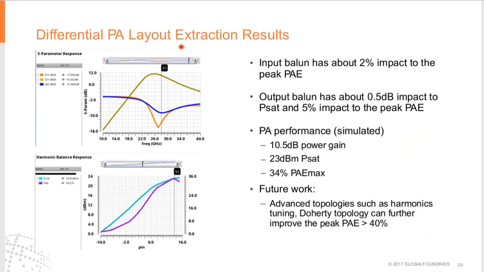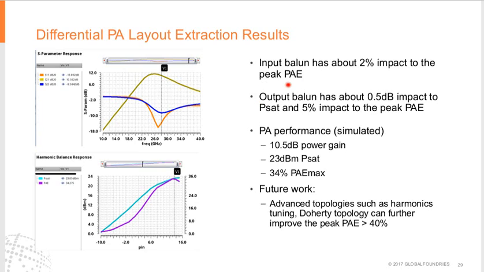This is the differential PA layout extraction result, and this is the post-layout simulation data. The gain is about 10.5 dB, and the input loss and output loss are in a reasonable range. But based on our simulation, the input balun has about 2% impact on the peak PAE.